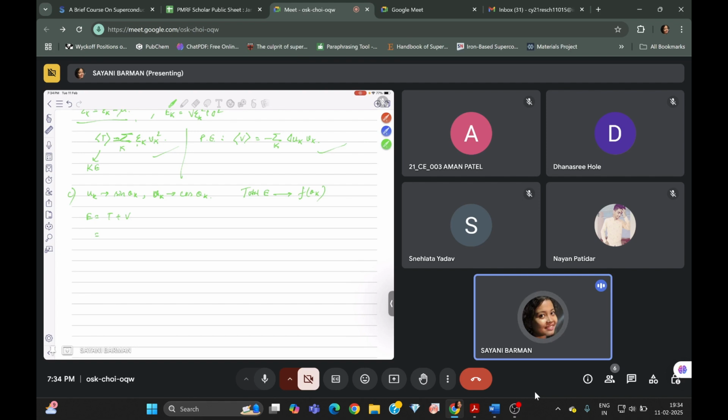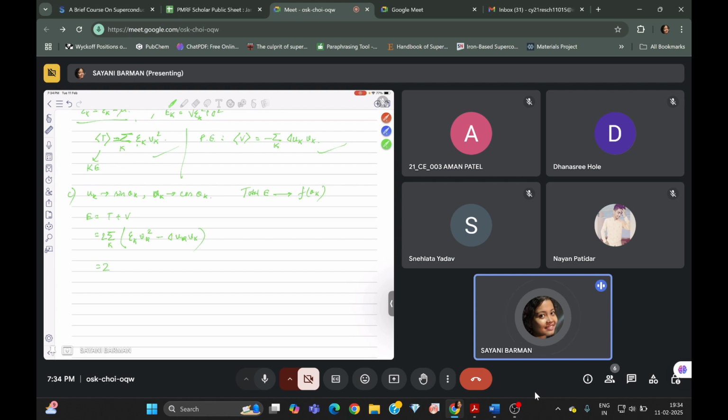Taking those two terms, the summation of zeta k vk square, minus, with that minus sign, delta uk vk.